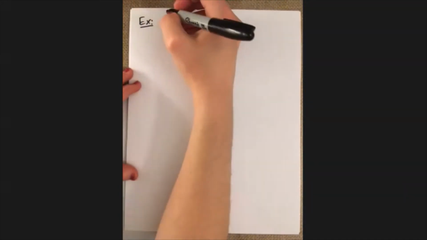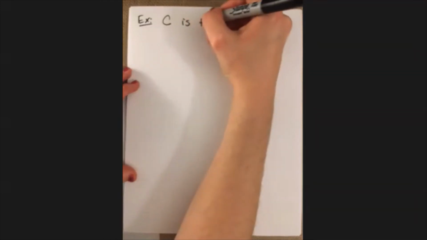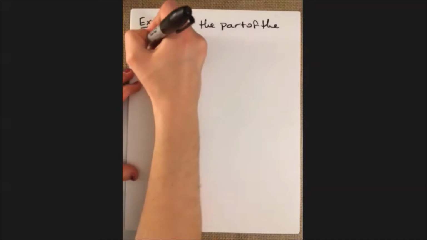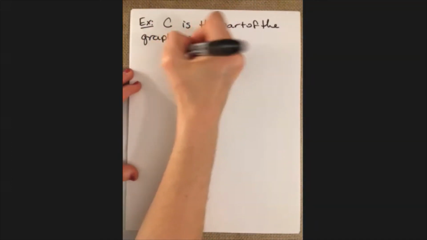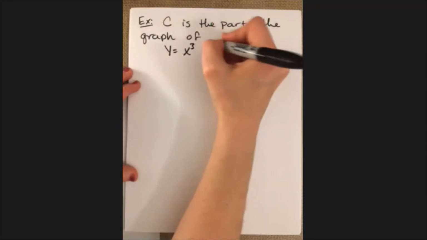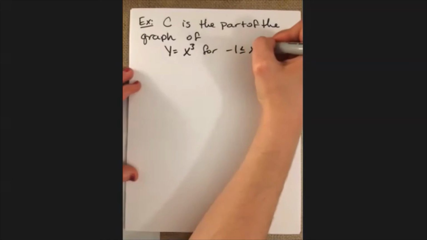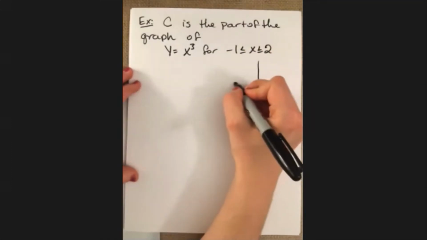One final example that's pretty popular format-wise is when you're told that your curve is a portion of a graph. So we're looking at the graph of y equals x cubed for x being between -1 and 2.